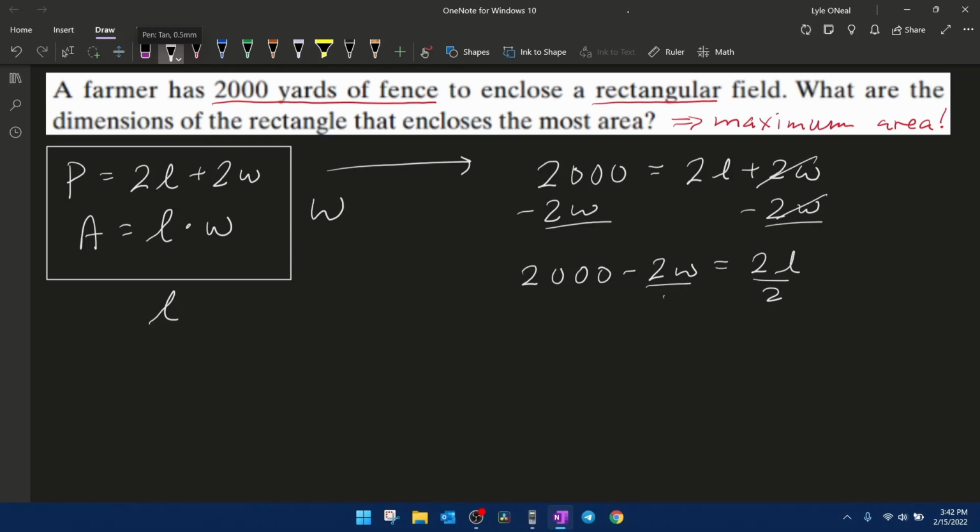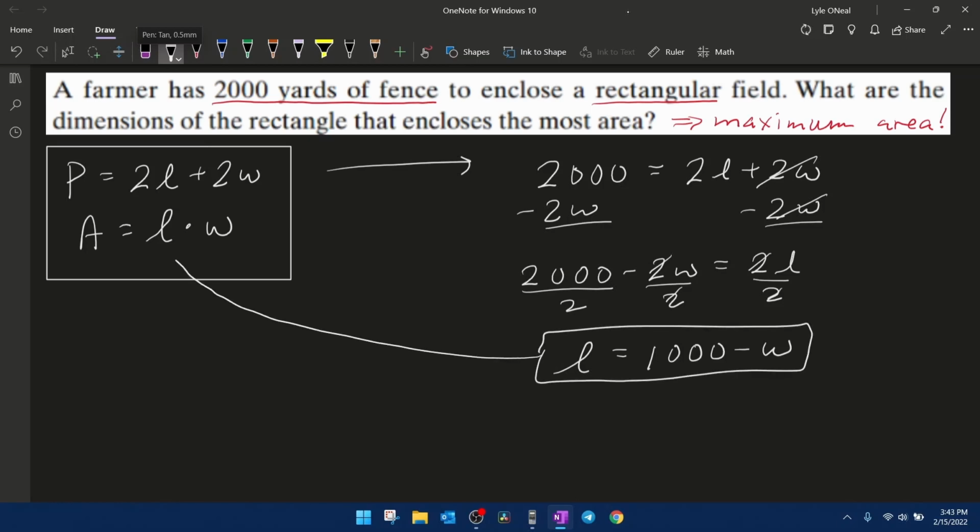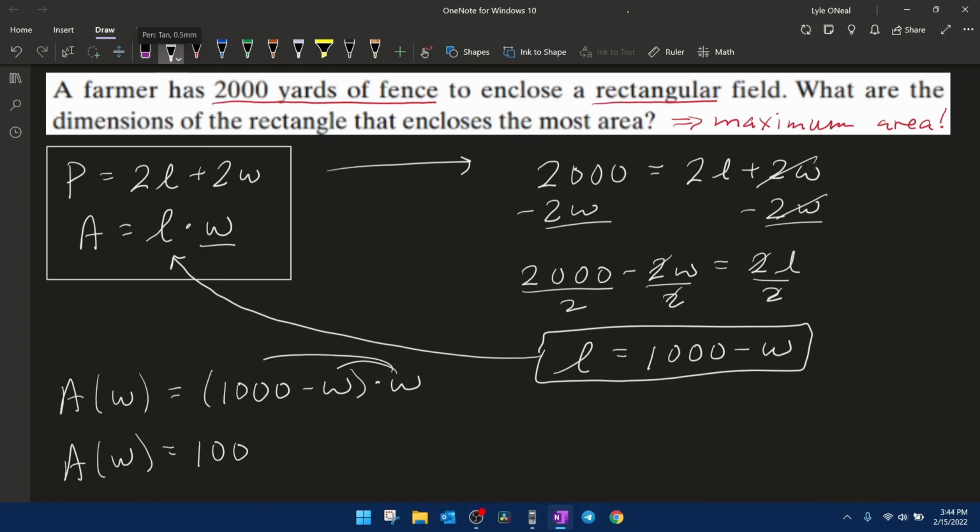And then dividing through by 2, we can see that the length is 1,000 minus W. So once I know what L is, I can come to my area formula, substitute for L, and we will have the area as a function of W. So here we go, substituting for L. That's 1,000 minus W times W, which gives me an area function of 1,000W minus W squared.